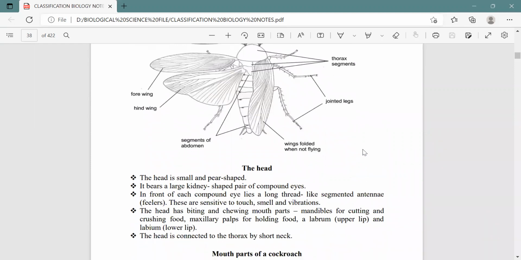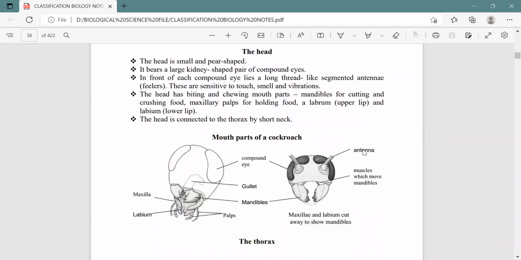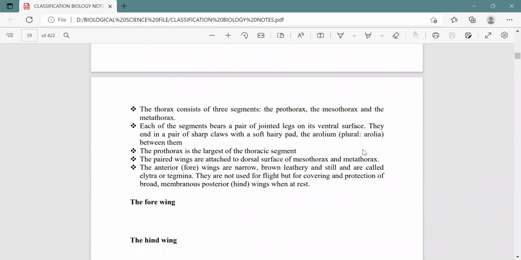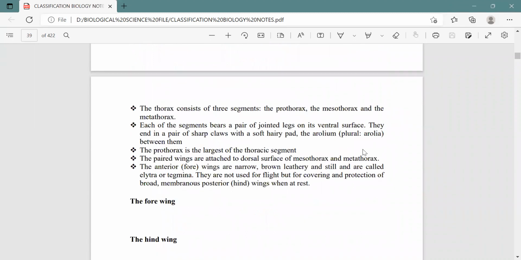They have their origin on the thorax. So the paired wings are attached to the dorsal surface of the mesothorax and metathorax. That is the second and third thoracic segment.